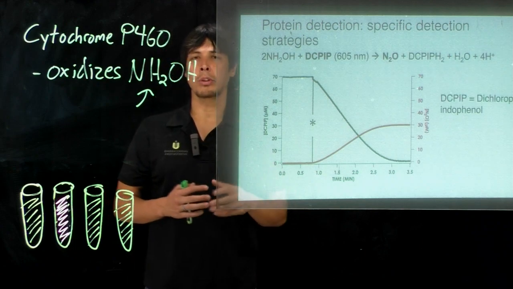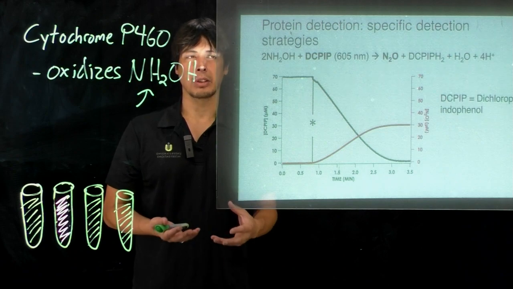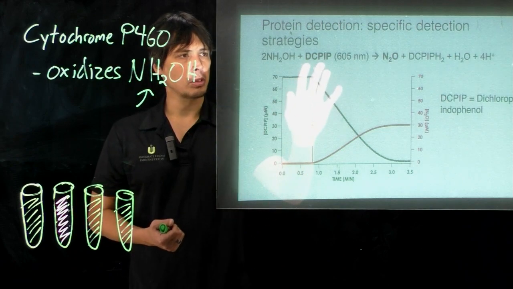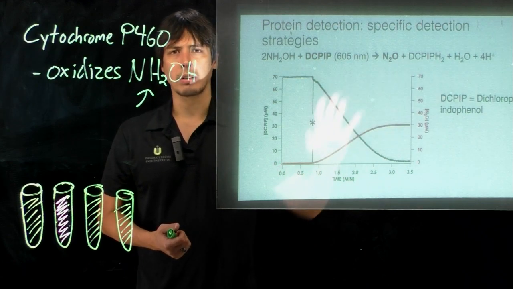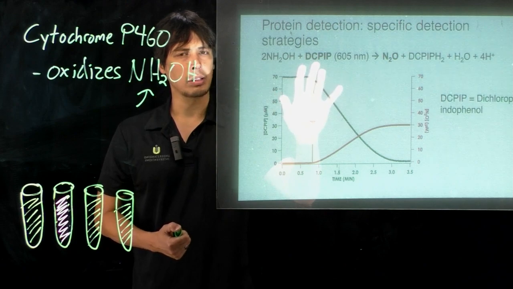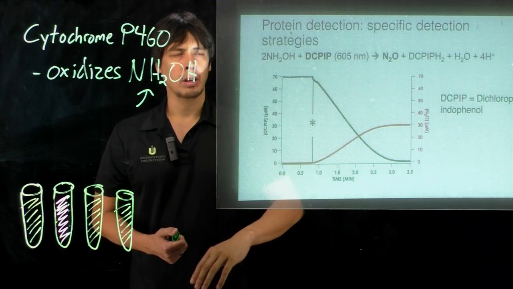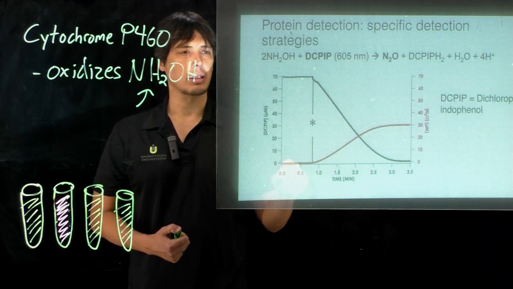And in order to assay something, we need some way to probe that activity is occurring. So DCPIP is really useful in this respect because it's blue. And then when it's reduced, it's colorless. So that means as electrons are being transferred to DCPIP, the color goes away.